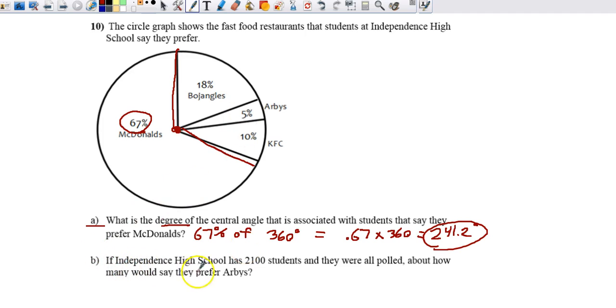Letter B says if Independence High School has 2,100 students, and they were all polled, how many would say they prefer Arby's? So Arby's is at 5%. We want to know 5%, and instead of 360, we want to know of 2,100. So 5% as a decimal is 0.05.